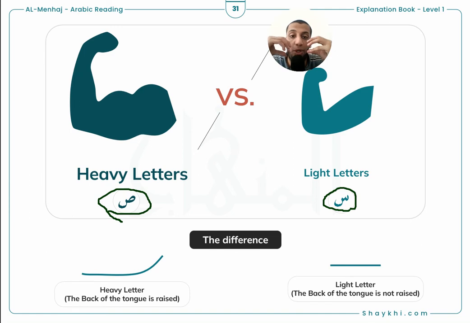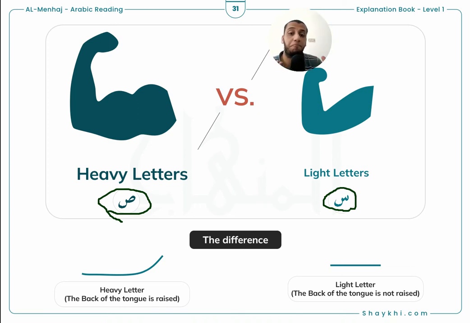So when they pronounce letter Sad, you will find them make it like this, saw, circling the lips, and they think by this they make the letter heavy, and this is completely wrong.